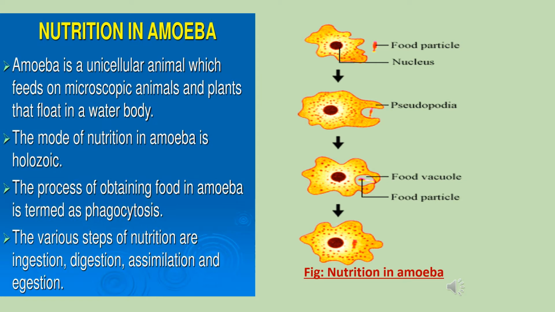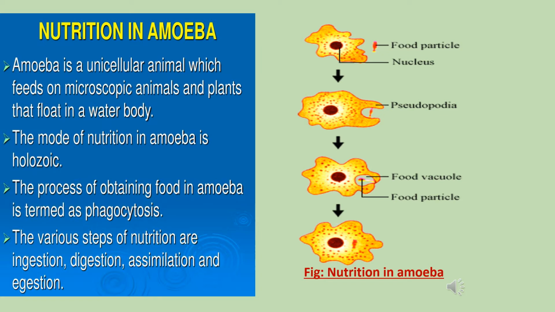So we find that even in the case of amoeba, the following processes of digestion take place. First, ingestion, when the food is trapped inside the food vacuole. Second, digestion. Amoeba does not have a digestive system, but here the food vacuole of amoeba is analogous to the digestive system.